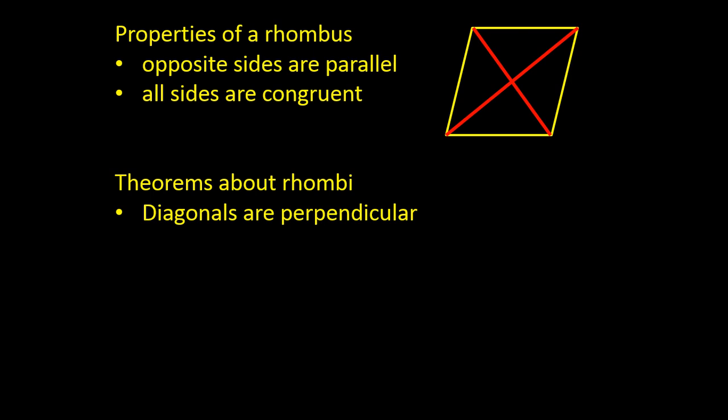That is that the diagonals are perpendicular and that the diagonals will bisect all of its angles. Now we're calling those theorems because they really need to be proven. And we'll be looking at geometric proofs to prove that the diagonals are perpendicular and to prove that the diagonals bisect its angles. But we're really using those theorems in order to make our constructions.